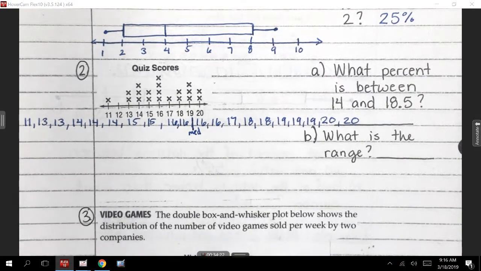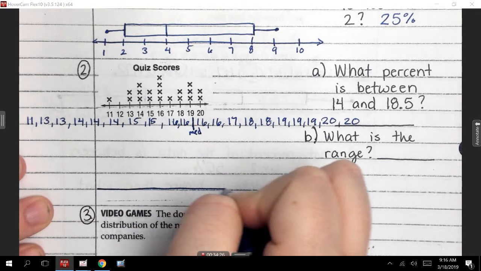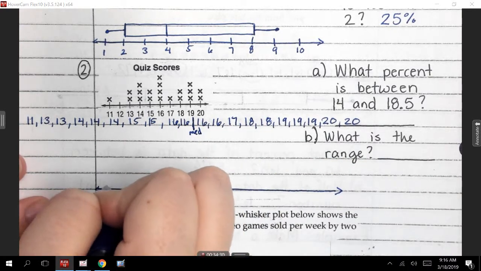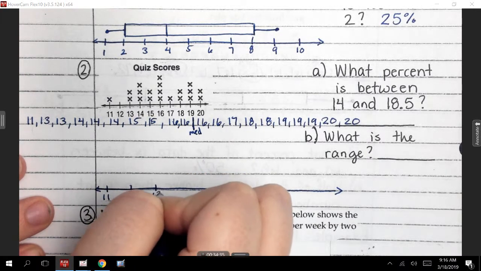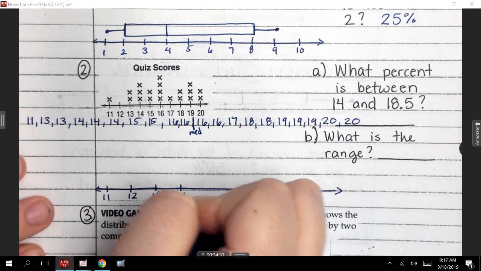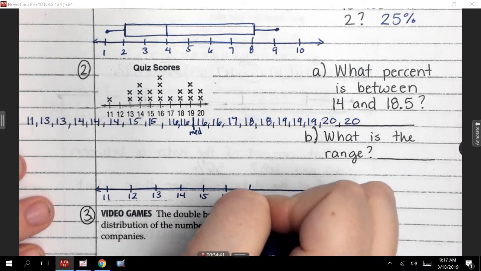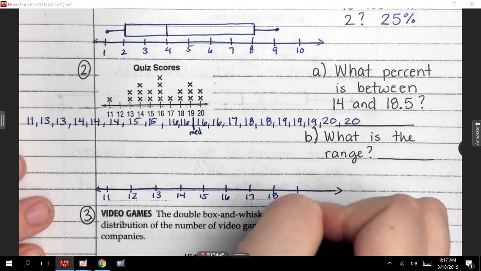All right. I'm going to go ahead and draw a number line going from 11 to 20. So 11, 12, 13, 14, 15, 16, 17, 18, 19.